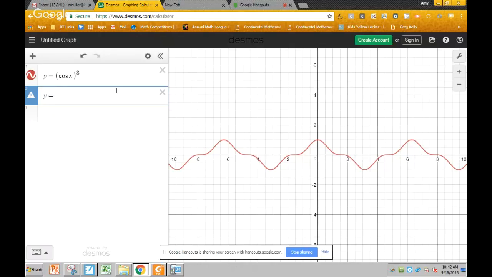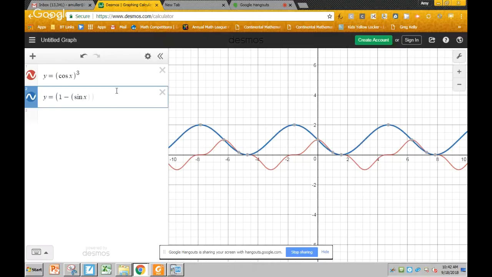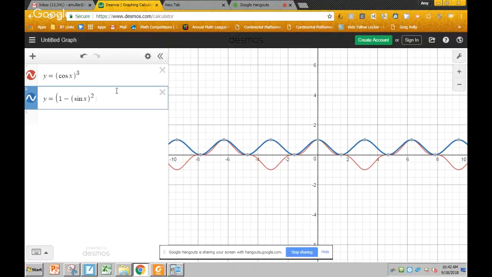So we're going to put parentheses. 1 minus sine squared, we're going to have to put in parentheses, right? Because it obviously didn't like that. So we're going to put parentheses sine x, just x, and then close the parentheses, caret squared, close the parentheses. And then times what? Times cosine x. Are they the same?